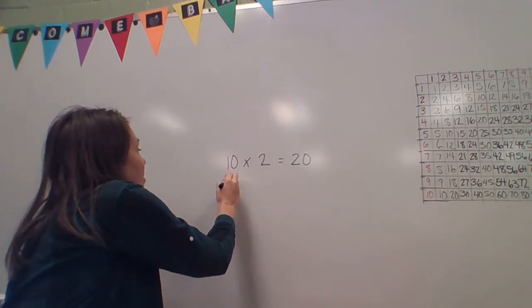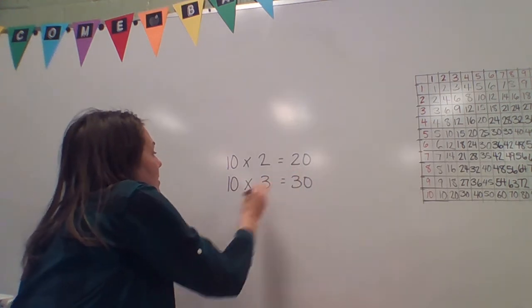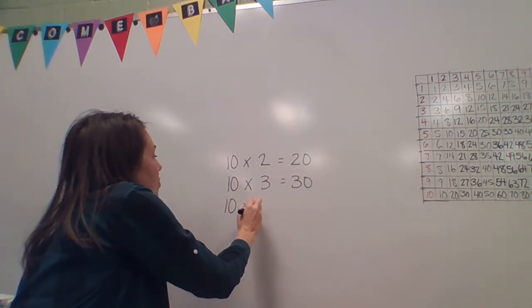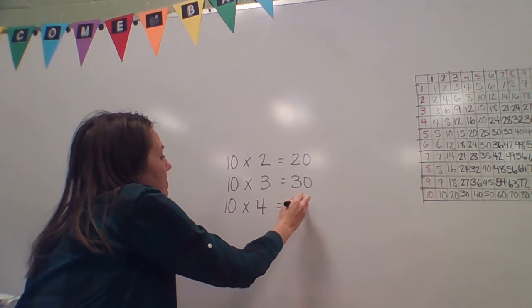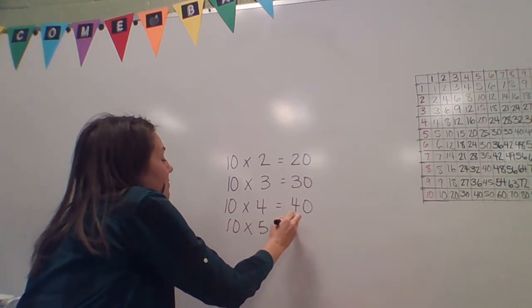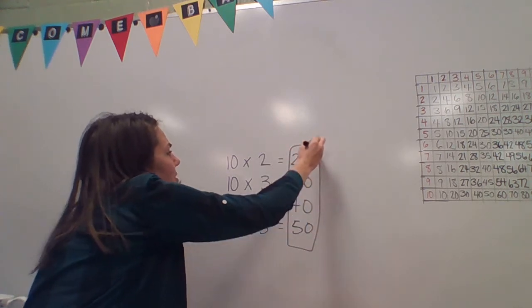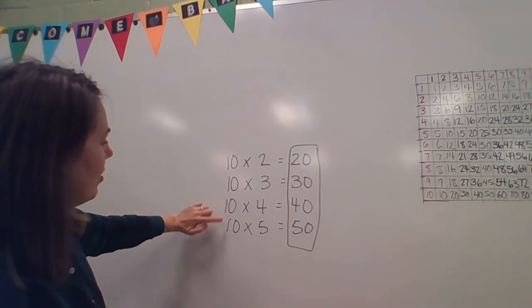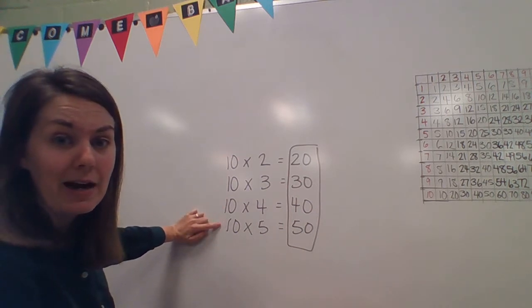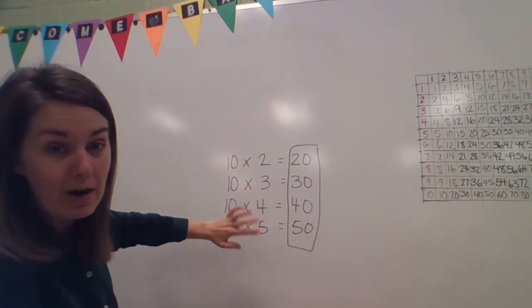But then if I said I also have 10 times 3 is 30, 10 times 4 is 40, 10 times 5 is 50, these would all be multiples of 10 because 10 is what they all have in common as one of their factors. The other numbers are changing, 2, 3, 4, 5, 6, 7.